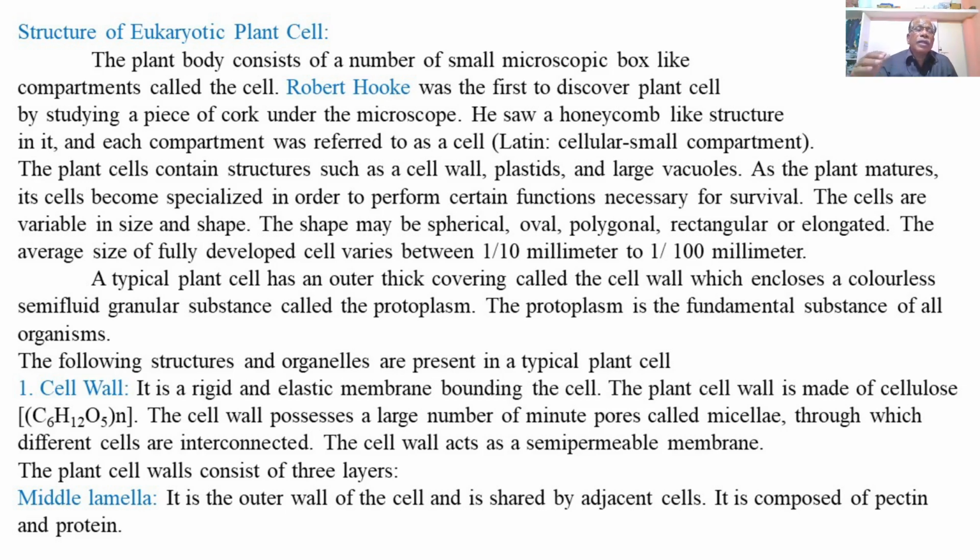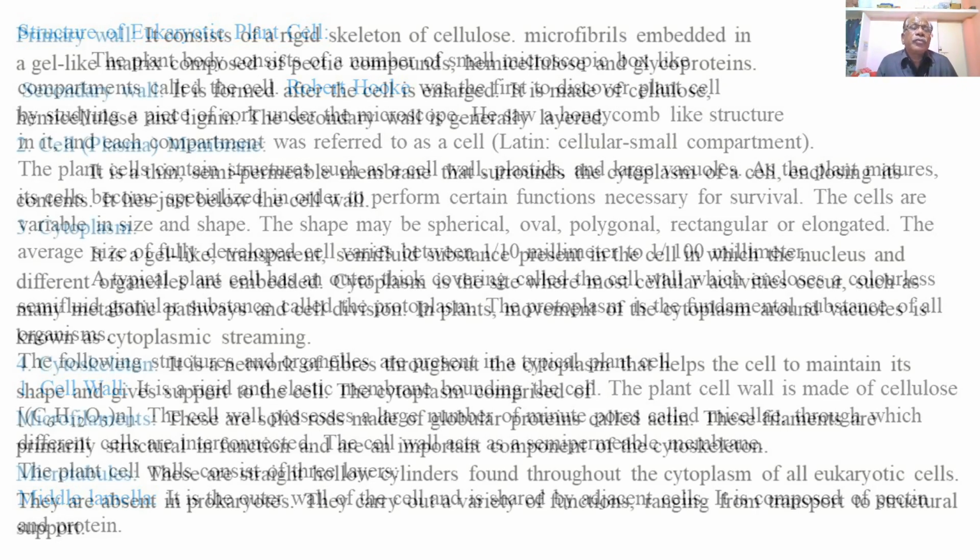So, the middle lamella, the outermost covering of the plant cell wall, consisting of 3 layers, that is the middle lamella, which is the outermost wall of the cell, and is shared by the adjacent cells and is composed of pectin and protein.